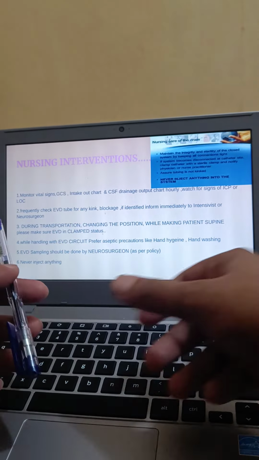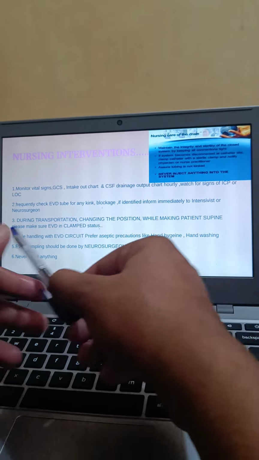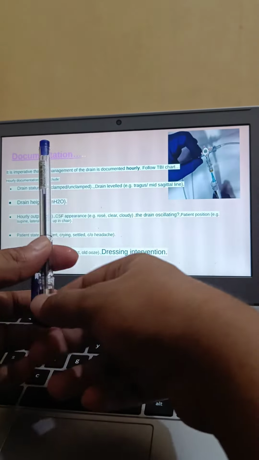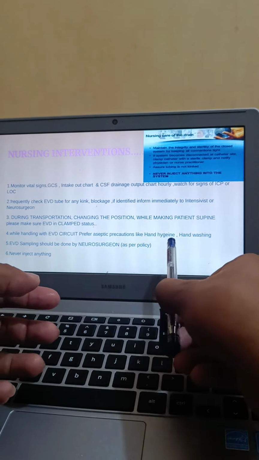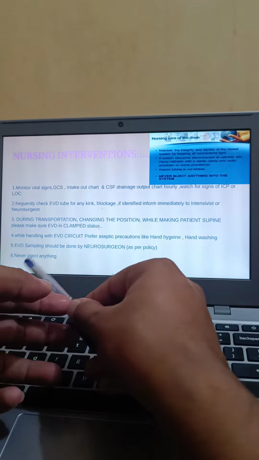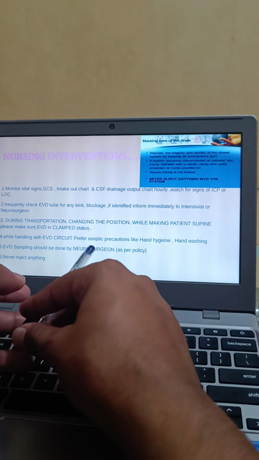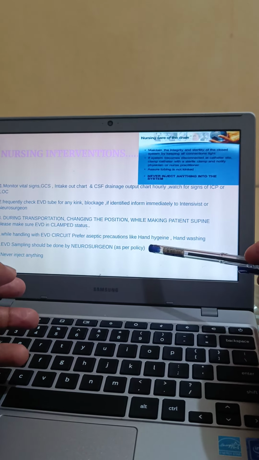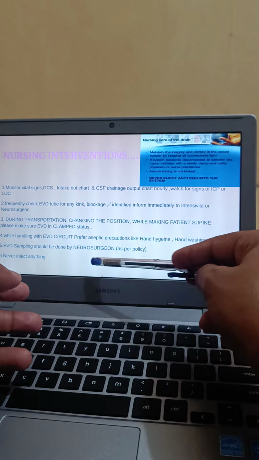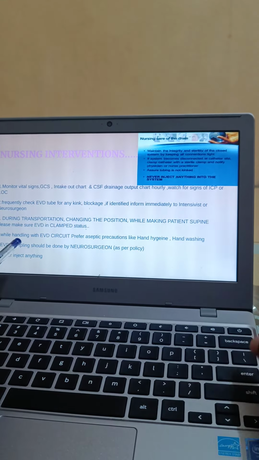While handling the EVD circuit, we should maintain sterile technique. Then we should do hand hygiene and hand washing. Usually EVD sampling should be done by the neurosurgeon, and in a few hospitals trained nurses also do it, but in most hospitals the neurosurgeon should do it.